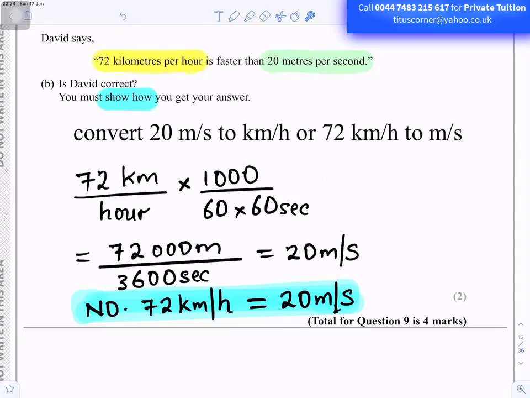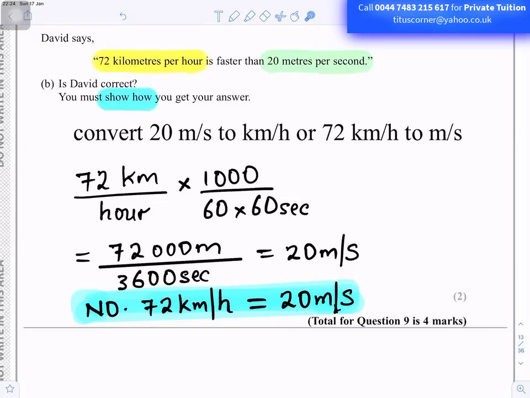So 72 kilometers will be 72 times 1,000 for meters, and an hour will be 60 minutes times 60 seconds. Now you simplify. If you put that in your calculator, that will give you 20 meters per second.